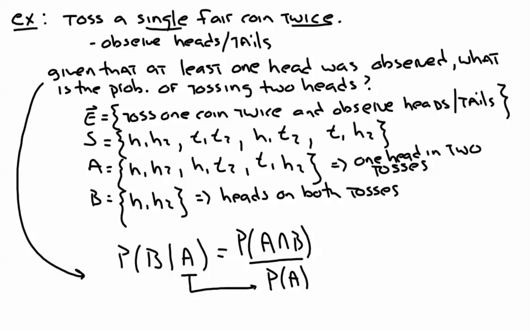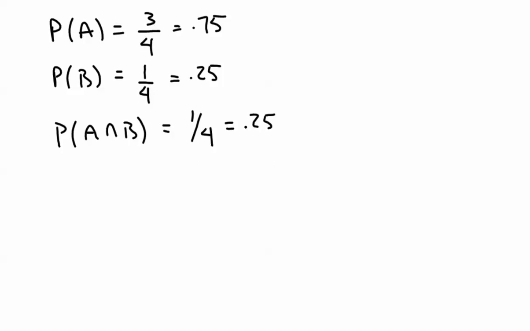Right here is where A and B intersect. Heads, heads is where events A and B both occur. That's 1 chance out of the 4 possible in my sample space. So the probability of the intersection of A and B is 1 chance out of 4, 25%.